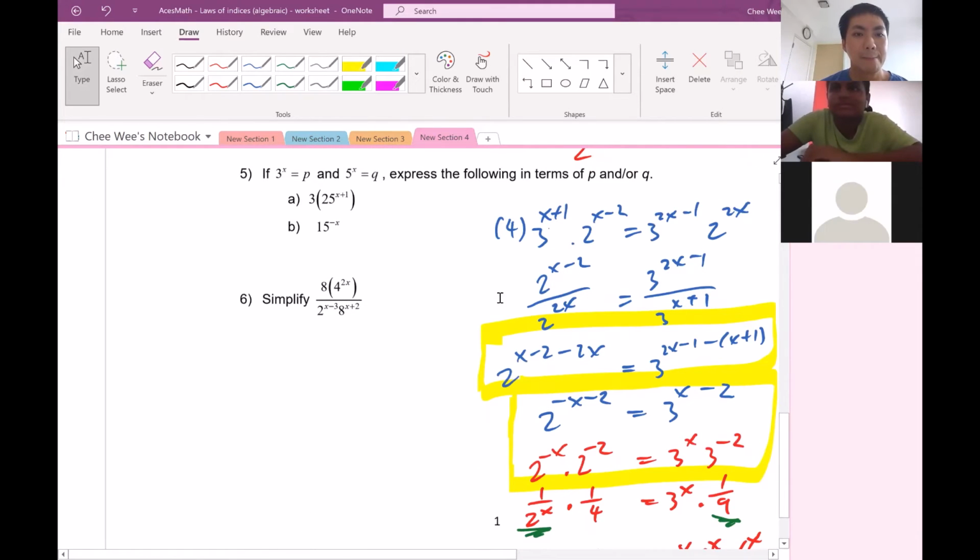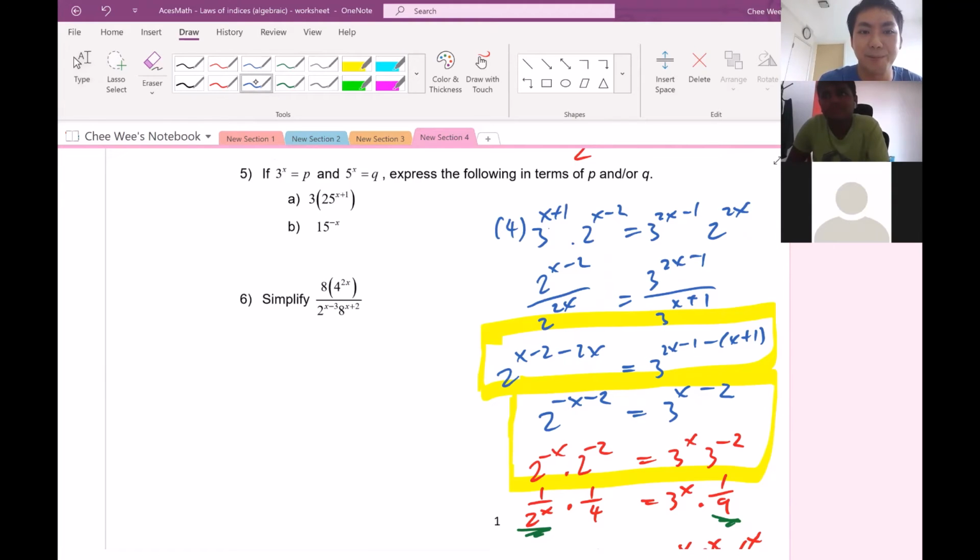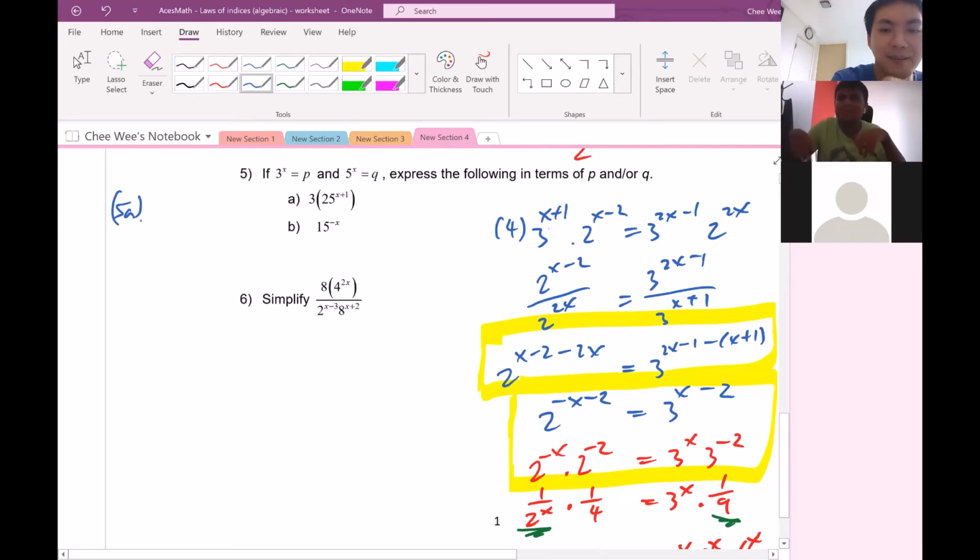So 3x equals. So then the 25x plus 1, you just change it to 5 to the power of 2x plus 1. Okay, would it be 5 to the power of 2x plus 1 or 5 to the power of 2x plus 2 actually? Oh, yeah, I meant 5 to the power of 2, and then bracket, and then x plus 1 outside. So it's 3, 5 squared, x plus 1.